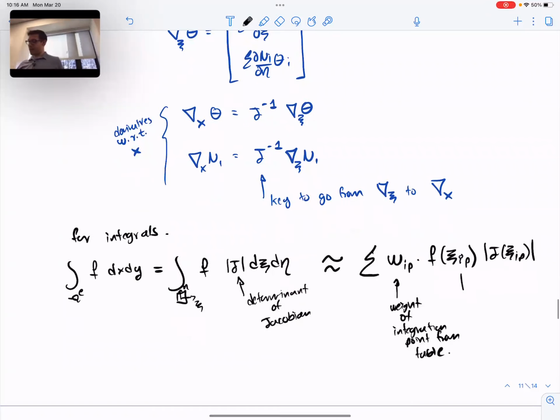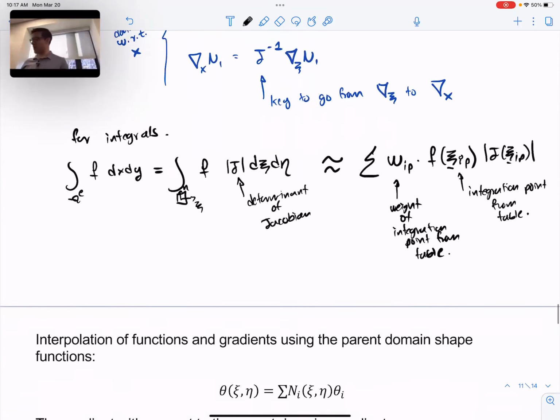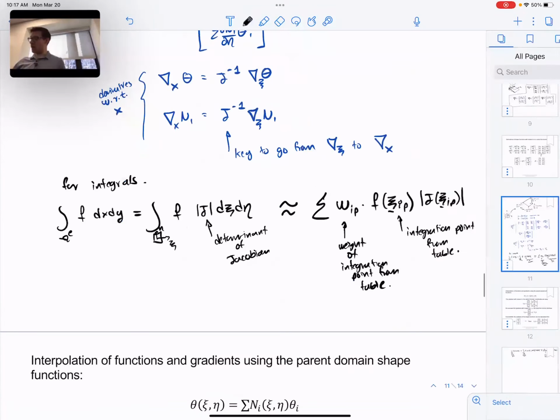And this is the integration point from the table. Obviously, now the integration point has 2 coordinates. So the idea is very similar to 1D. What are the integration points for the quadrilateral?